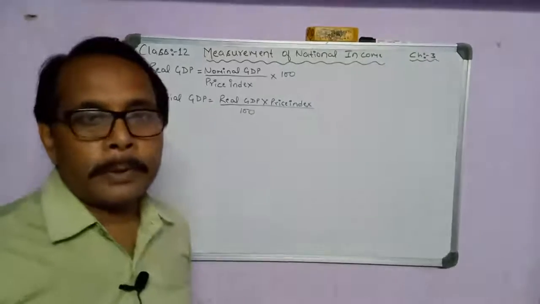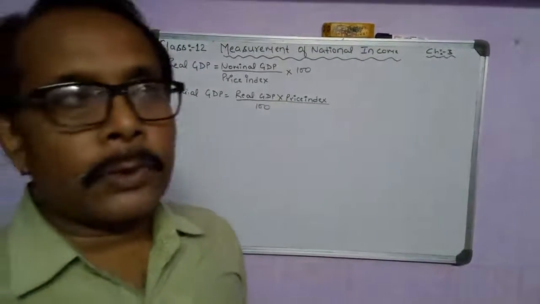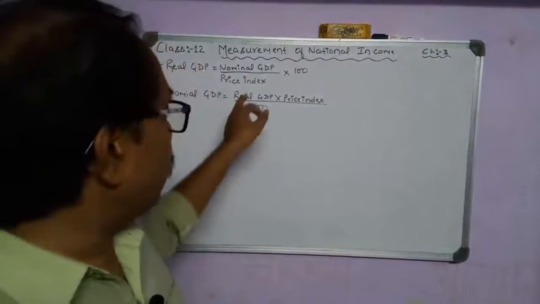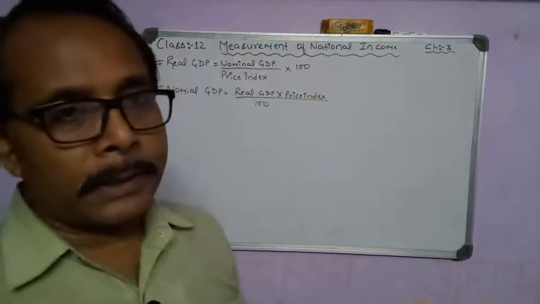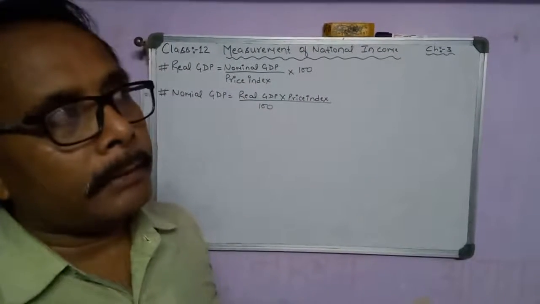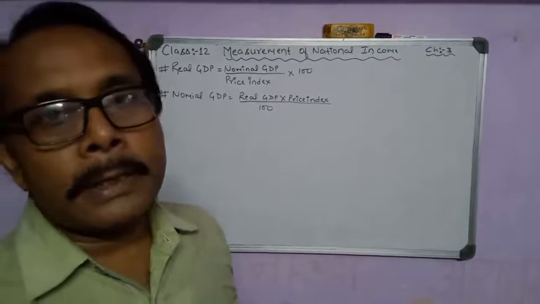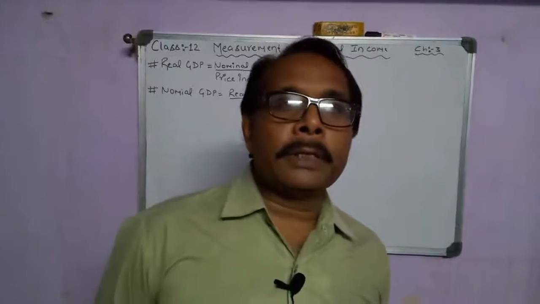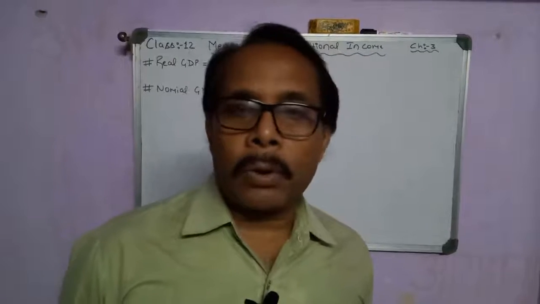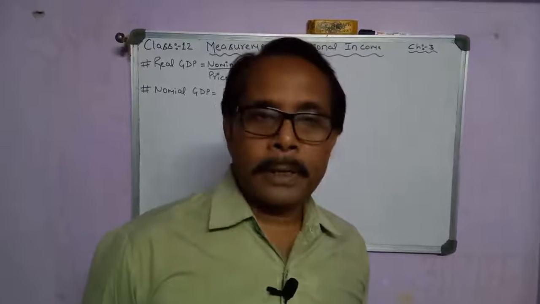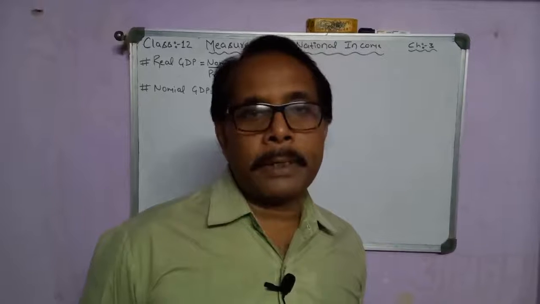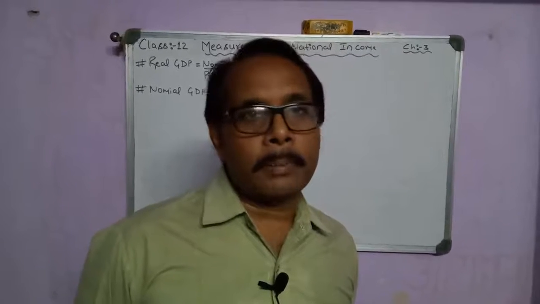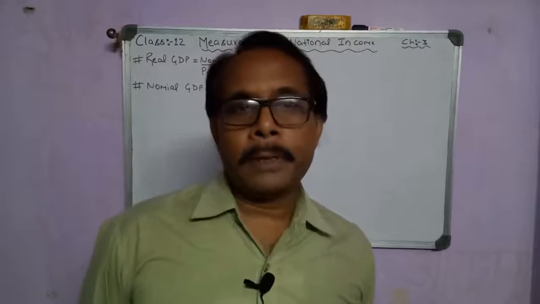In this video, my dear students, I have discussed nominal GDP and real GDP. Once again I defined it. Real GDP is that GDP which is determined on the basis of base year price, whereas nominal GDP is calculated on the basis of current year price.